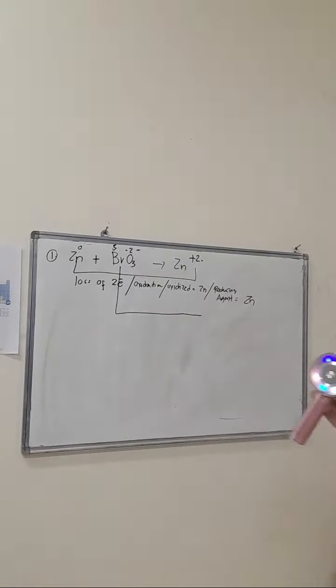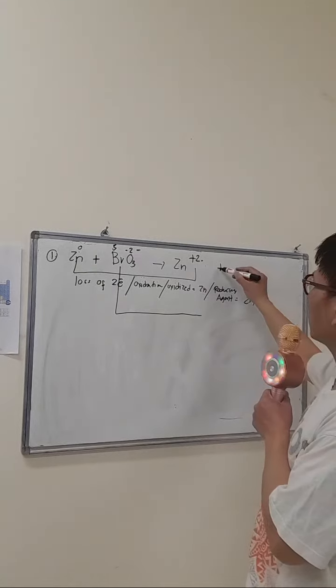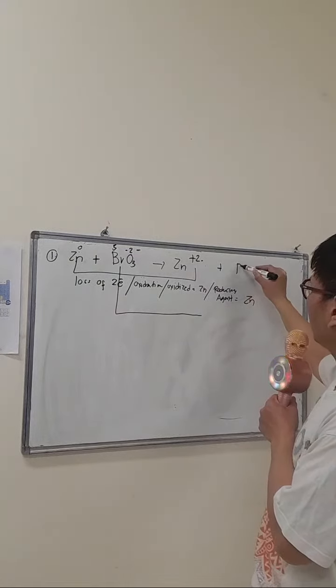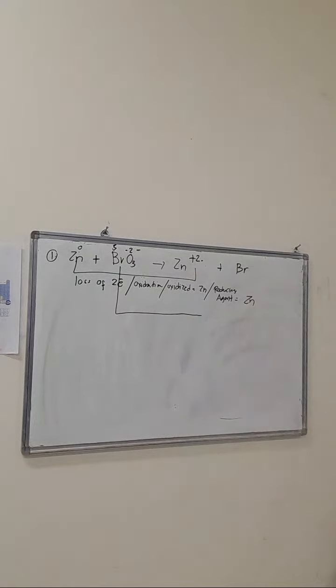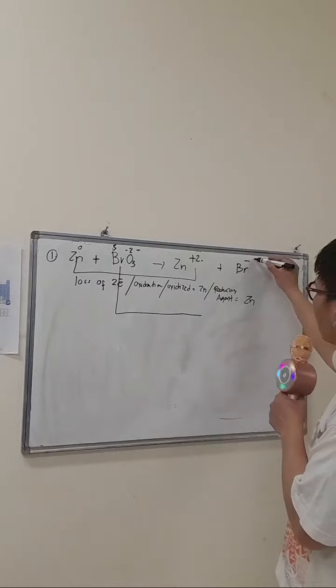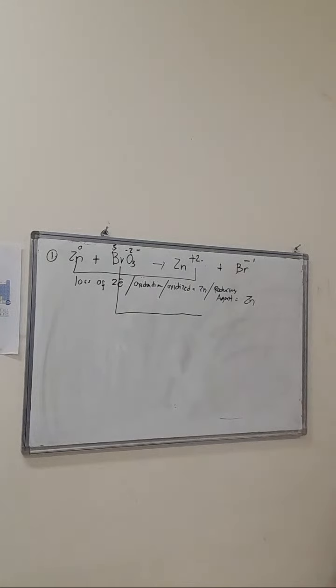So how can you do this for the bromate? So zinc plus bromide. If that is increasing oxidation number, then the oxidation number here is decreasing. So that is -1. So bromide is -1.